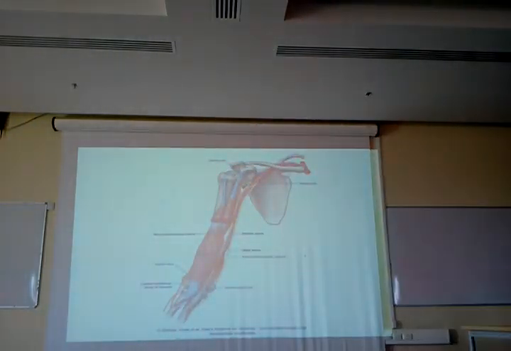So this is called the articular branch. So the musculocutaneous nerve gives a muscular branch, cutaneous branch, articular branch.